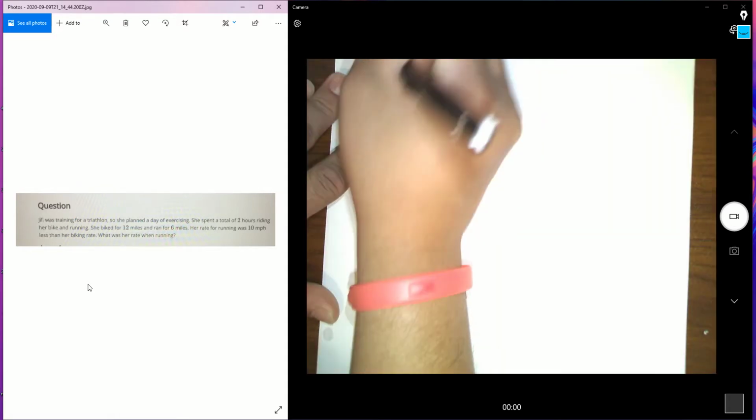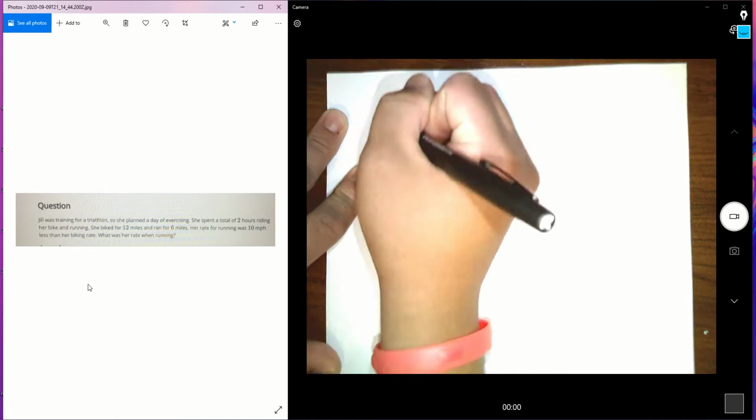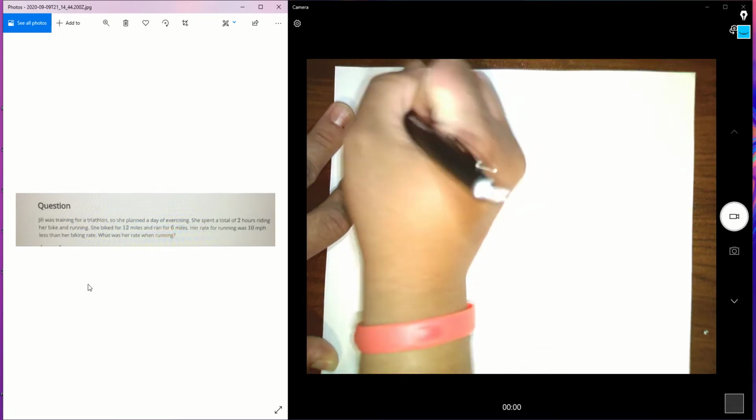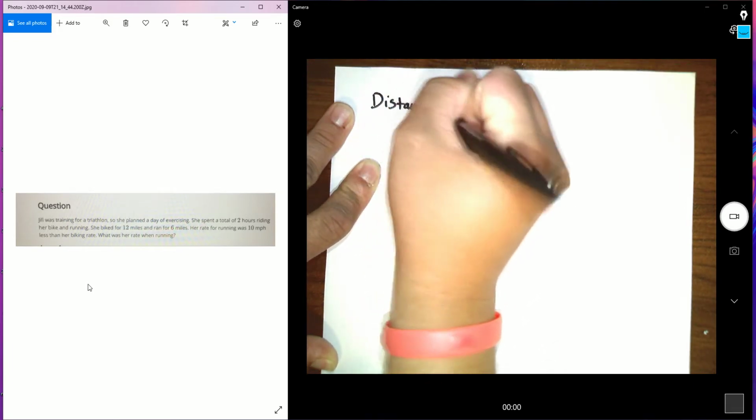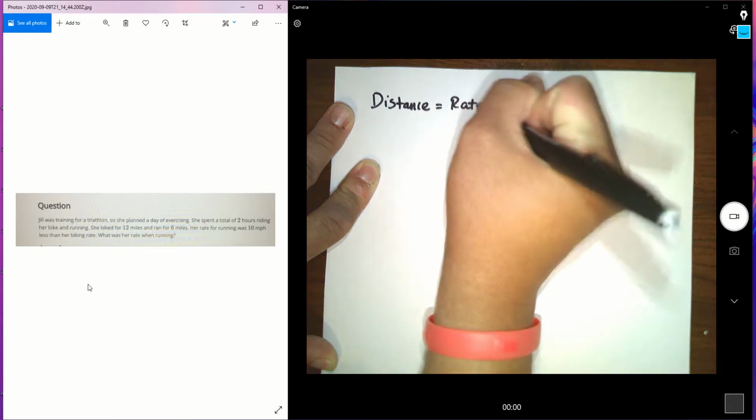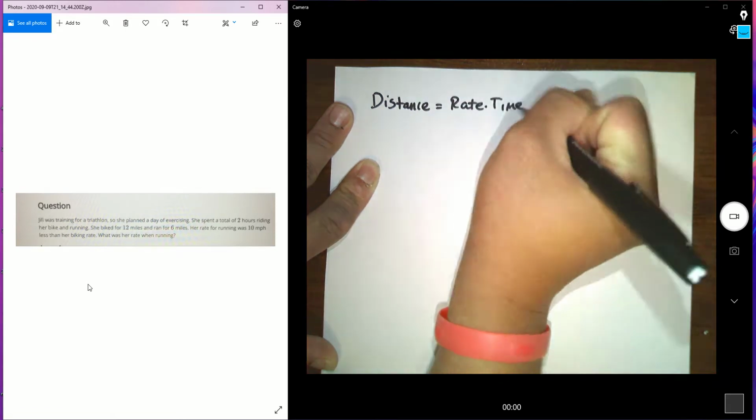Alright, so now let's go ahead and try to figure this out. We know that the formula that we probably want to use in this case is distance equals rate times time.